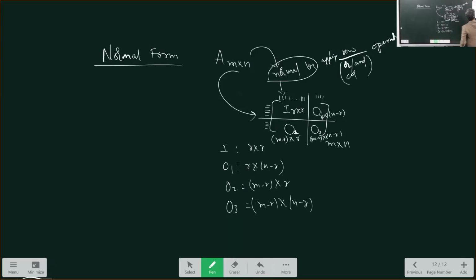We call it the normal form. Sir, which is better, row operations or column operations? Preferably try to apply the row operations.